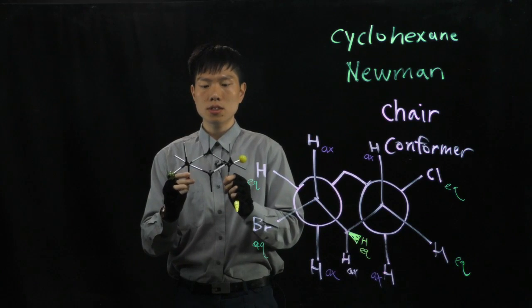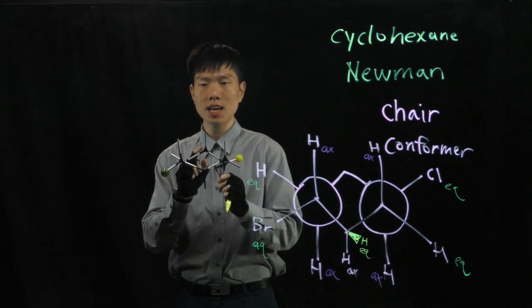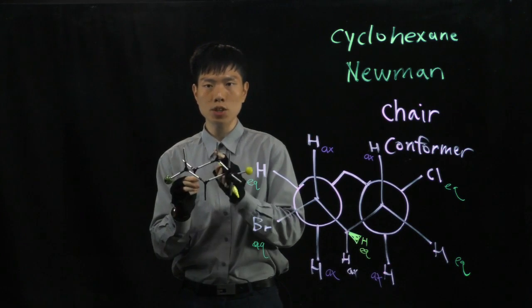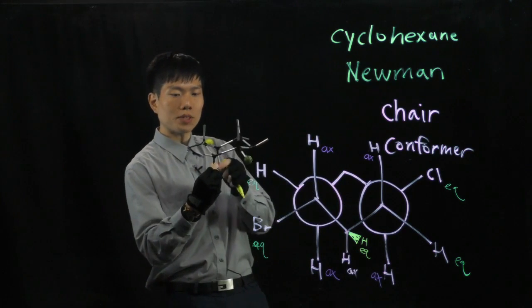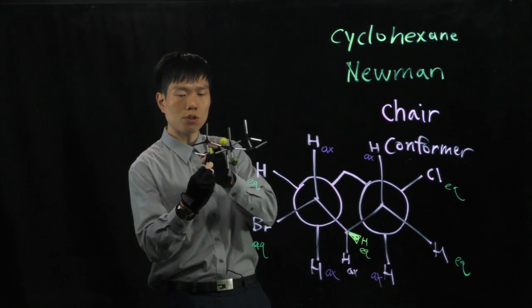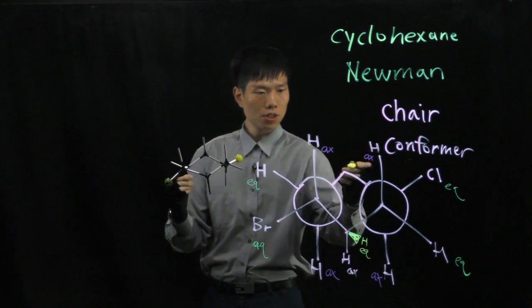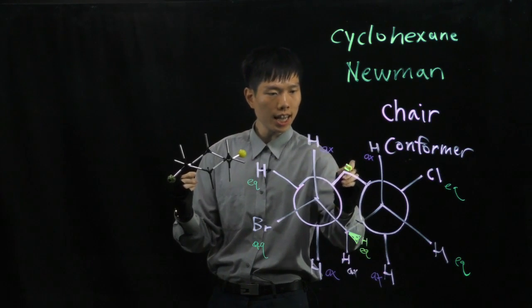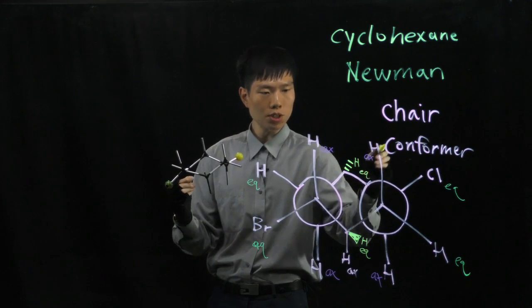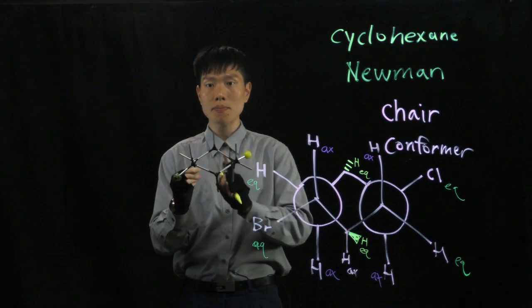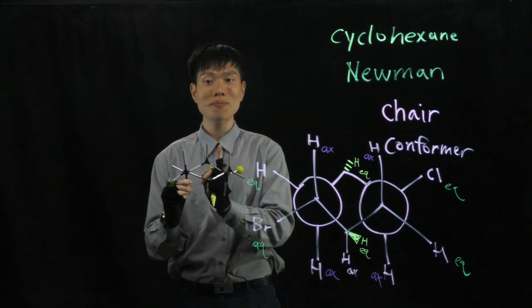Now, the back one over here, this carbon is behind, which represents the top. So, as the opposite, the equatorial position will point away from me. So you can put the hashed line hydrogen as the equatorial position, and the one that points up, do you see this part? The bond here points up.